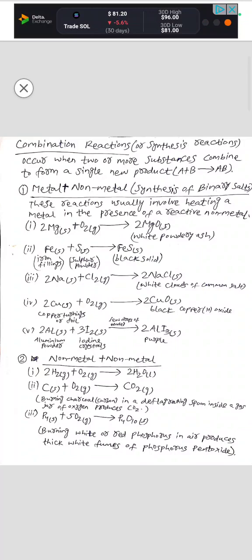Phosphorus is of two types, white phosphorus and red phosphorus. So burning of white or red phosphorus in air produces thick white fumes of phosphorus pentoxide, that is P2O5. So this is an example of combination of two non-metals.